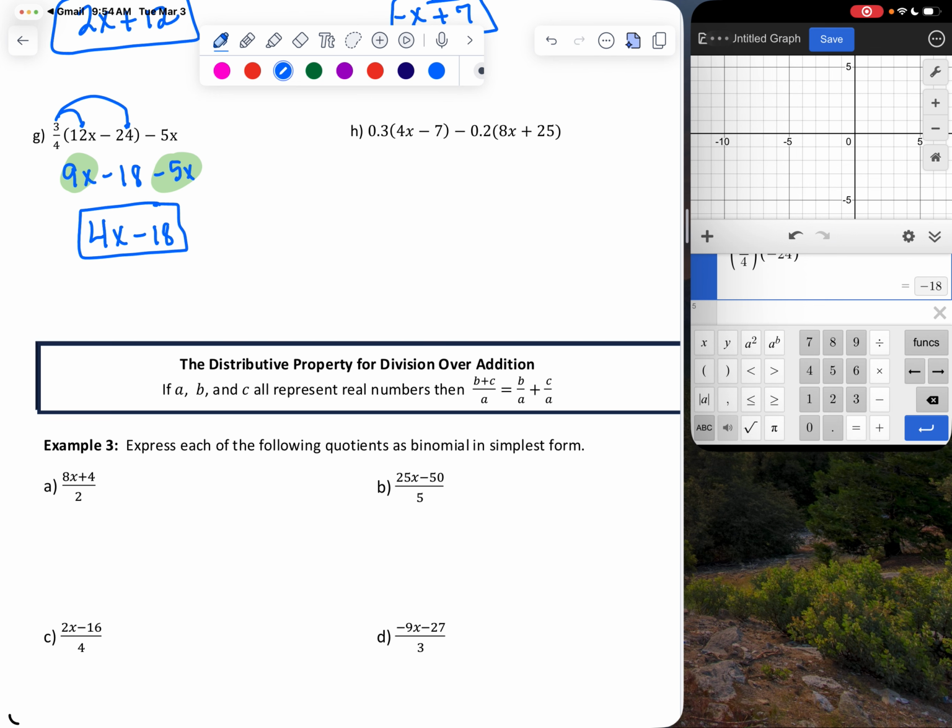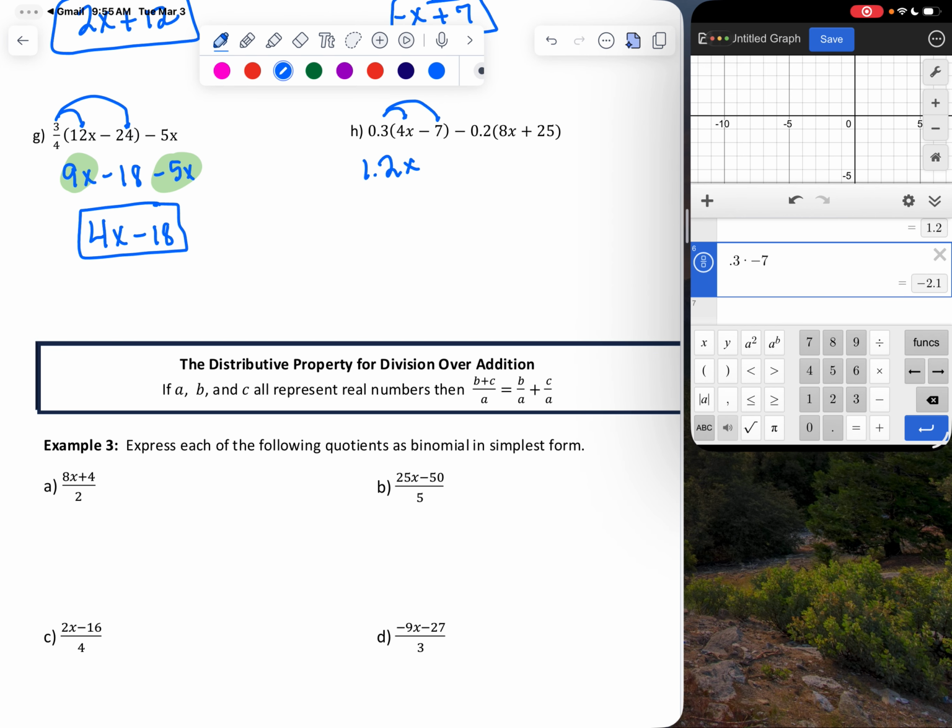All right, problem H. Here we have two parentheses. So in the first set, you're going to multiply everything in this first parenthesis by 0.3. So 0.3 times 4x gives me 1.2x. And then 0.3 times -7 gives me -2.1.